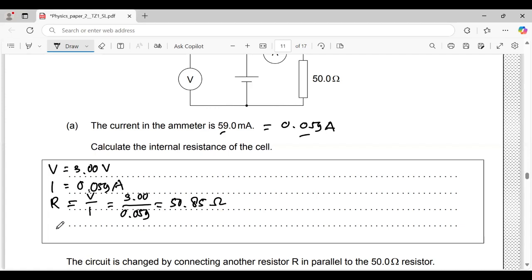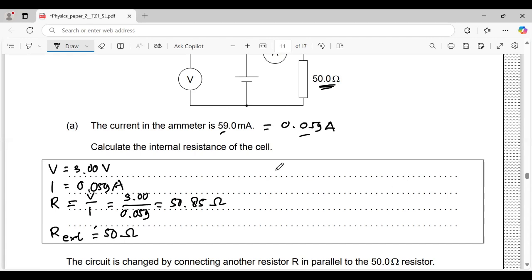And if there is another resistance, I would like to write R like this, the external resistance. According to the information, the external resistance is 50 ohms.